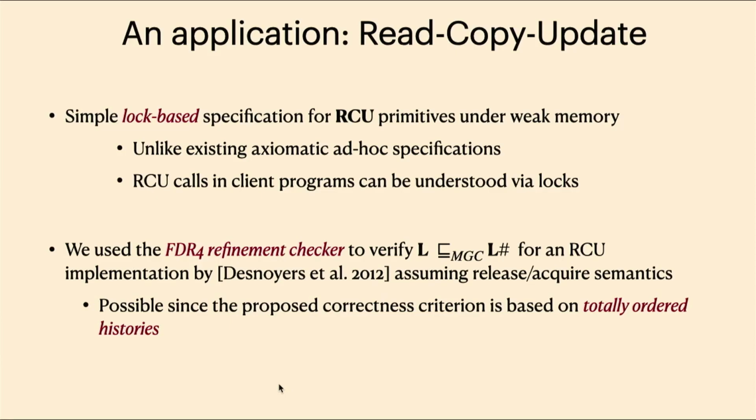Hi, Jaehwang Jung from KAIST. The motivation behind partial release and acquire seems to be that you want to hide the synchronization that happens inside the library. So wouldn't it be easier to just prove a stronger specification for the library and then weaken it to a cleaner spec? That's the approach we took in the Compass project. We prove a really strong specification, and then we make a cleaner specification suited for specific use cases.